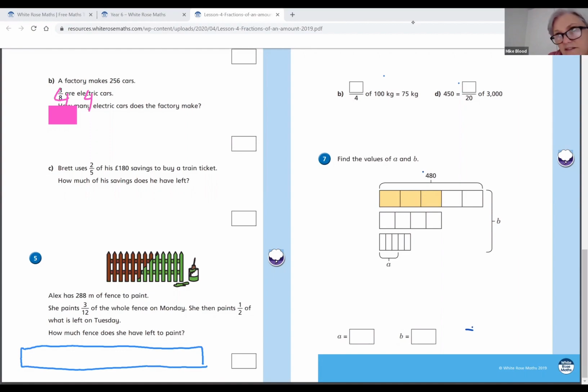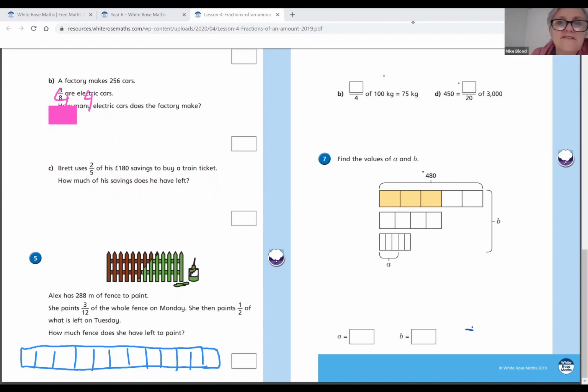I can't promise that all these are going to be equal, but we'll give it a go. So 3/12. We're going to split our bar into 12. 1, 2, 3, 4, 5, 6, 7, 8, 9, 10, 11, I think that's 12. That's a perfectly drawn bar, I think you'll agree.